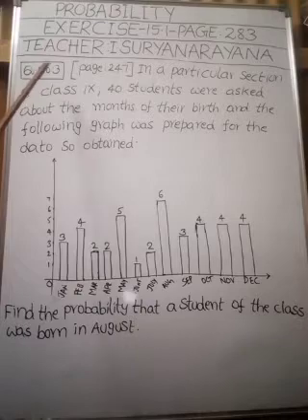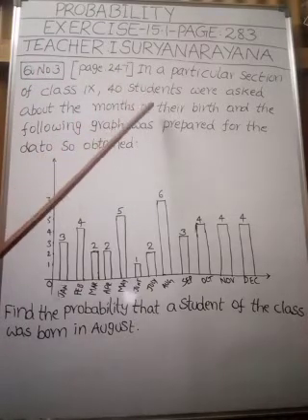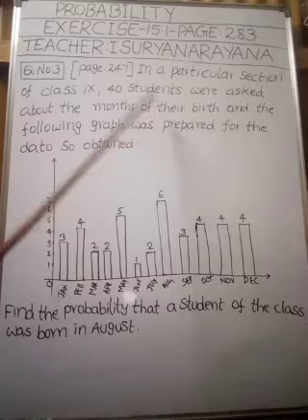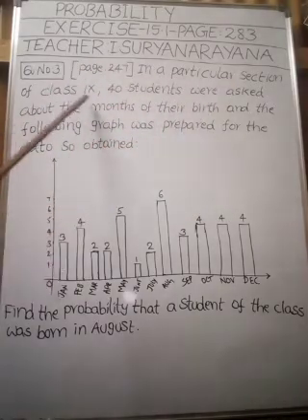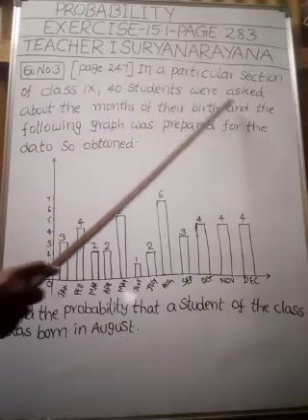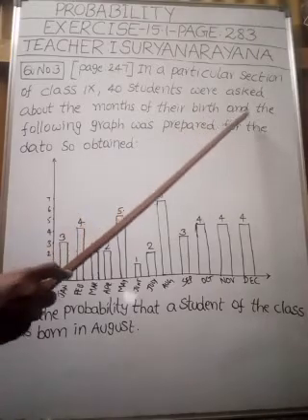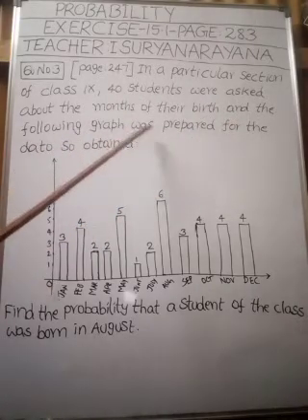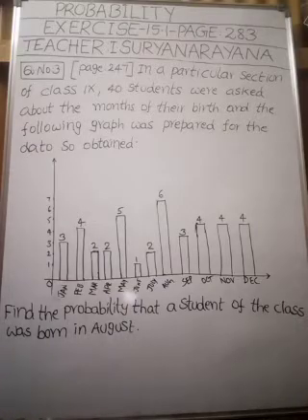Now come to the question number 3. Page number 247. This question was given in the page number 247. In a particular section of class 9, 40 students were asked about the months of their birth, and the following graph was prepared for the data so obtained.